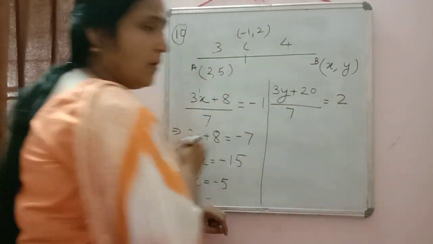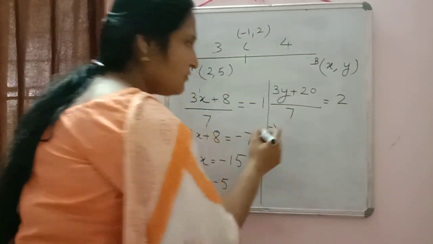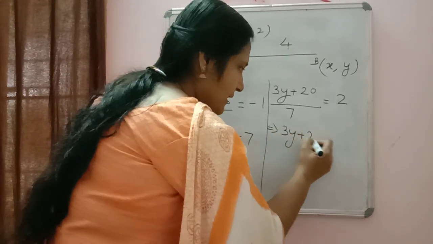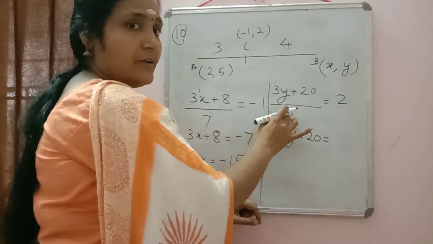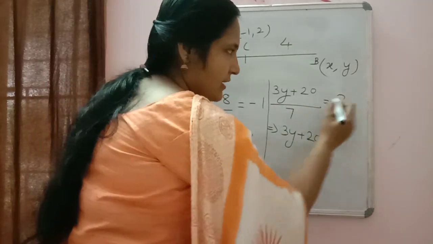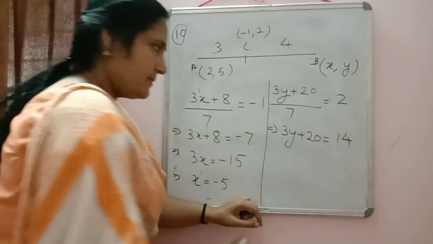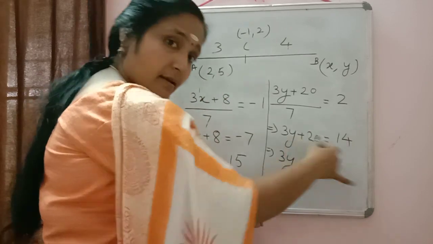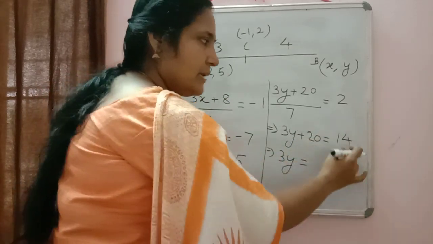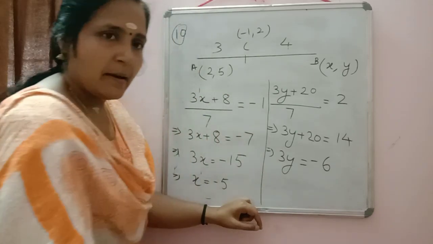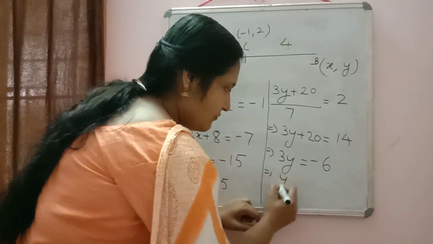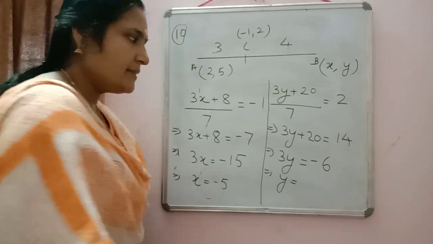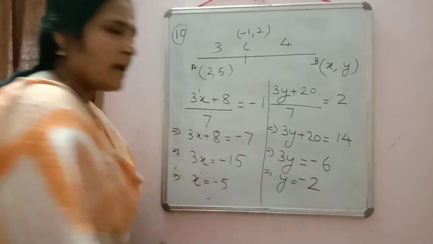So we will equate it to 2. Now we will find out the value of y. 3y plus 20 is equal to 7 into 2, that is 14. 3y is equal to 14 minus 20. 14 minus 20 will be equal to minus 6. So y is equal to minus 6 divided by 3, so that will be equal to minus 2.